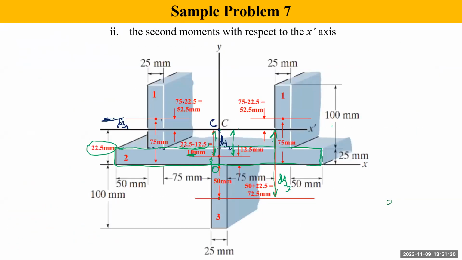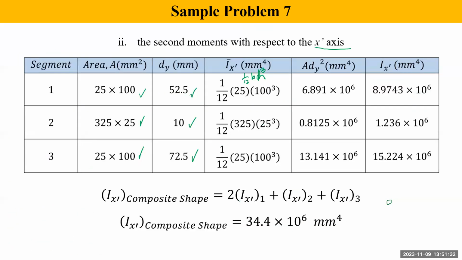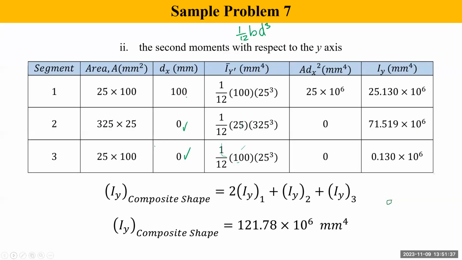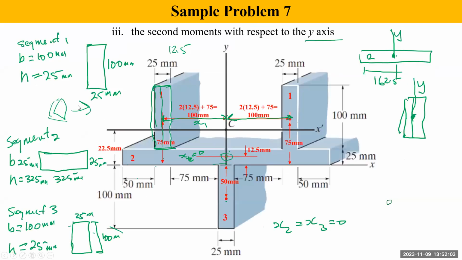Let me go back to the previous slide where you doubled. Yes, why you double this one is because it's two of them. It's two inertias you need to find right here, because remember, it's two of these areas you have. Segment 1 has two sections: it has A1 and A1 plus that, and they are the same.